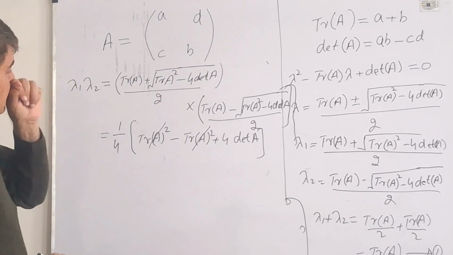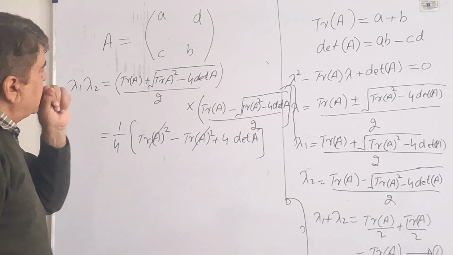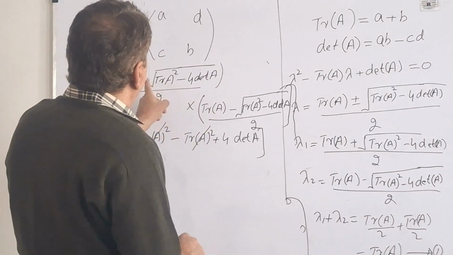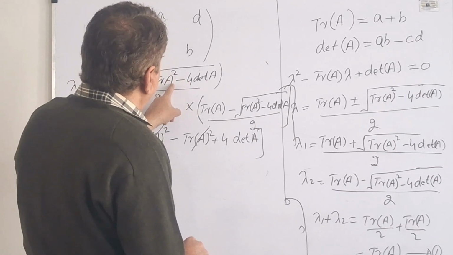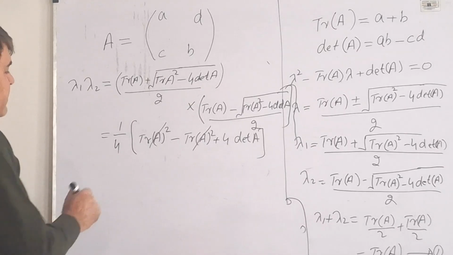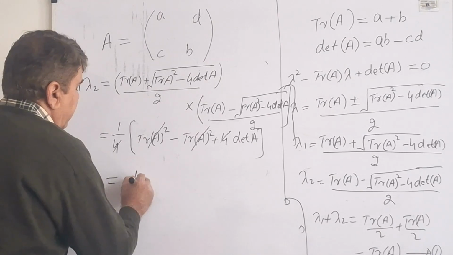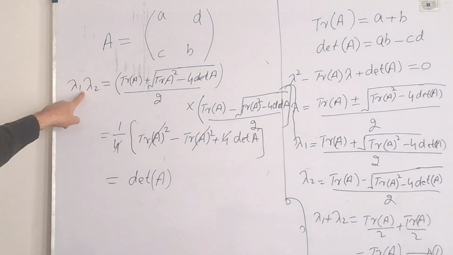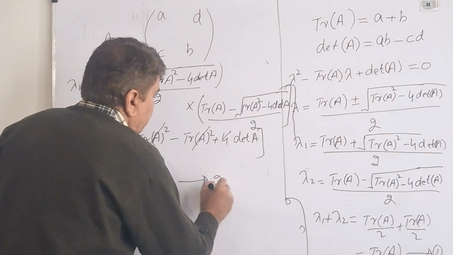A squared minus B squared is a plus b times a minus b, so yes, this would be plus and this one would be minus. That's true. Now, the 4 cancels with this one and we are left with determinant of A. That is, the product of the two eigenvalues of a square matrix equals the determinant of A. I call this equation 2.